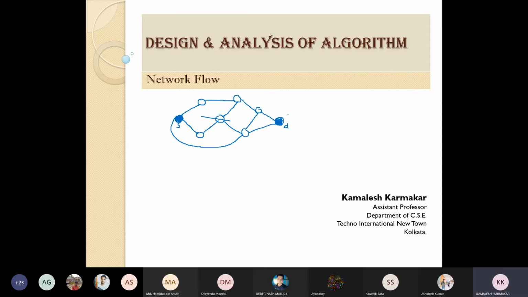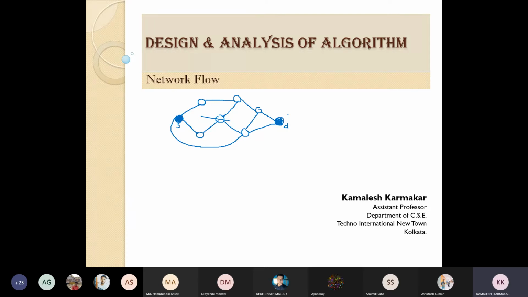We have lots of intermediate stations. The source station will produce the water, the destination station is basically a sink which will consume the water, and the intermediate nodes will work as relay nodes. Whatever they receive, they will forward.